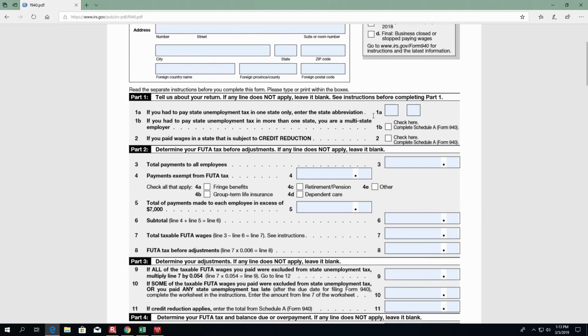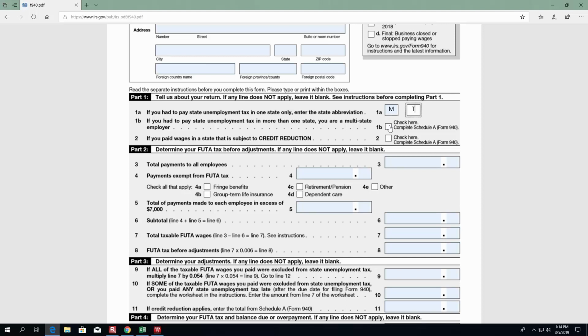Part 1. If you had to pay state unemployment tax in one state only, enter the abbreviation. If you paid in more than one state, you've got to attach a Schedule A. Like Elf's Insurance, a big company in Missoula that writes malpractice insurance for attorneys and operates in about 30 states.